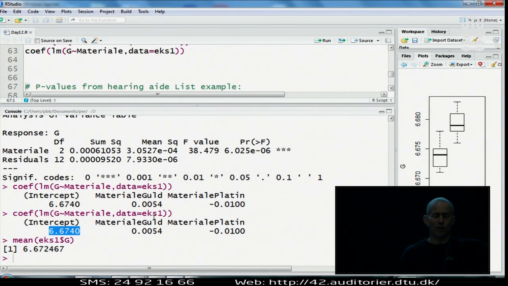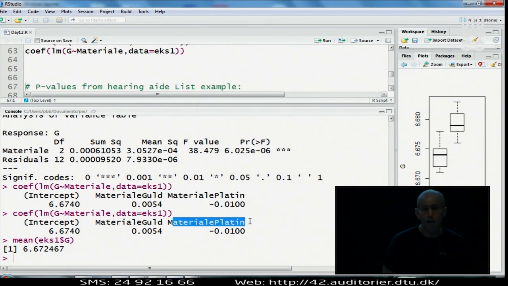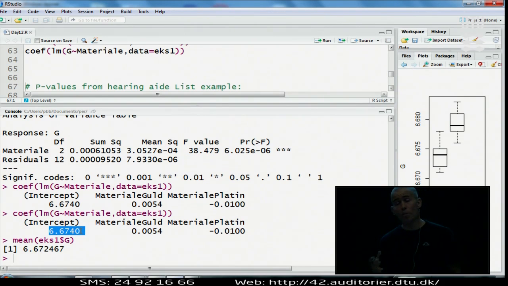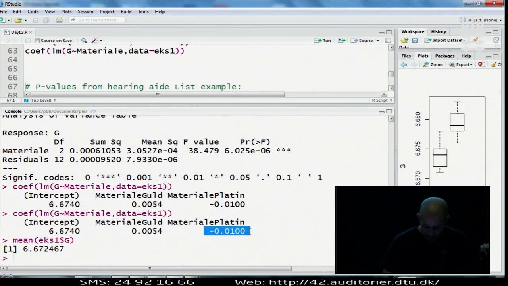Then it calls the first one the intercept, and then it gives as the second and third pieces of information the difference between gold and glass, and the difference between platinum and glass. So that's the way R by default tells us the story, gives us the glass average, calling it intercept. Then it tells us that gold is this different from glass, and it tells us that platinum is this different from glass.